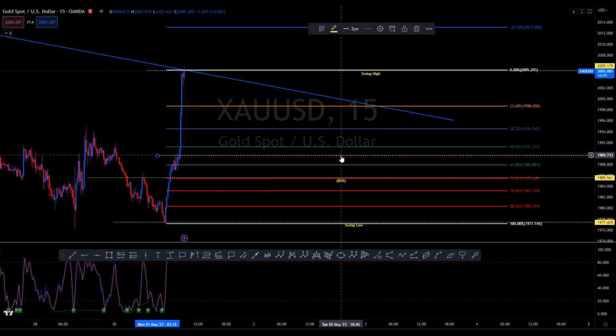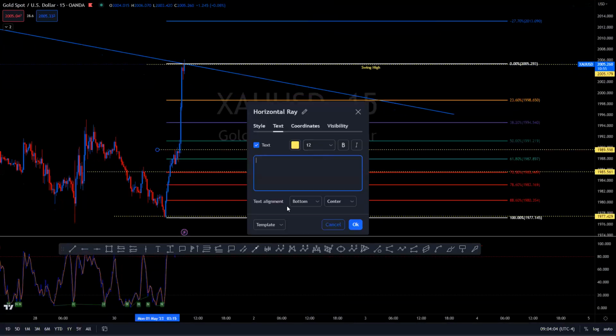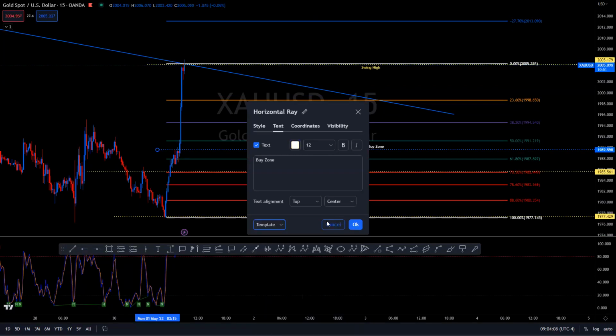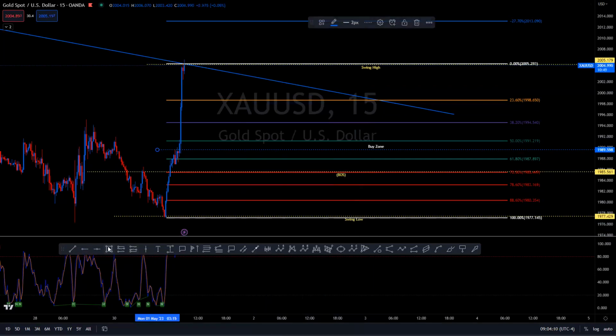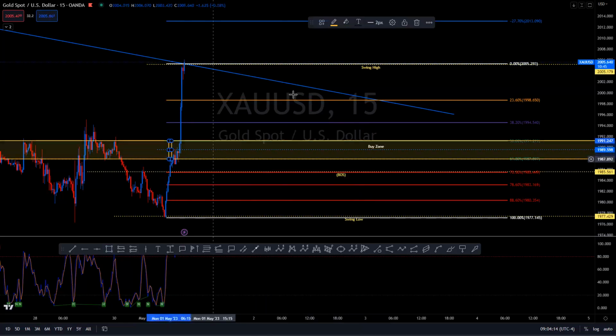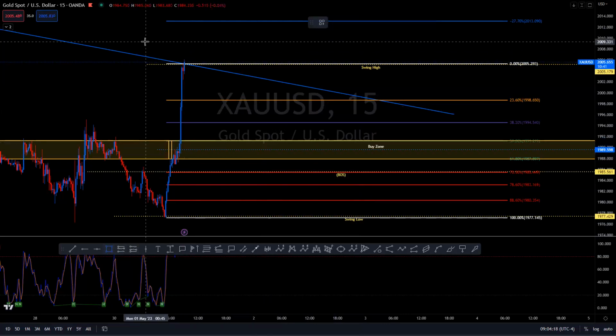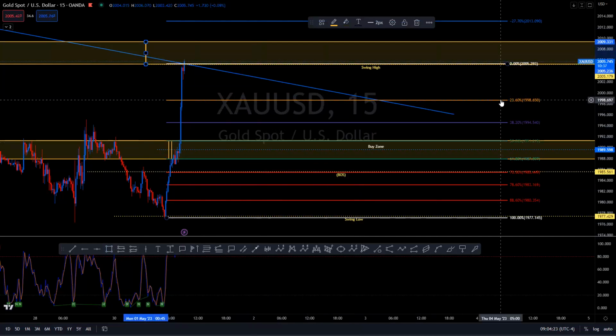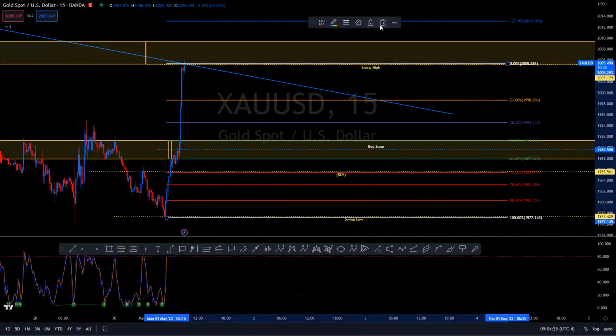So we're going to call this our buy zone here, and then we're going to put our zone up here. That's what I'm looking at.